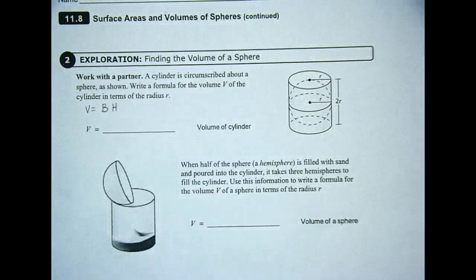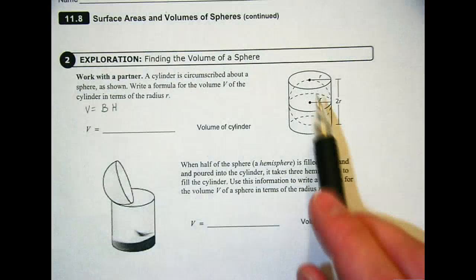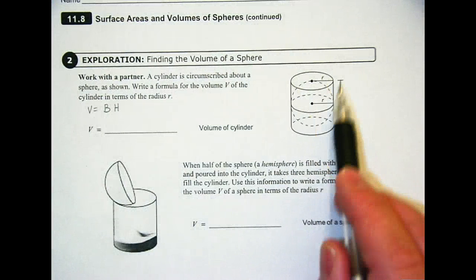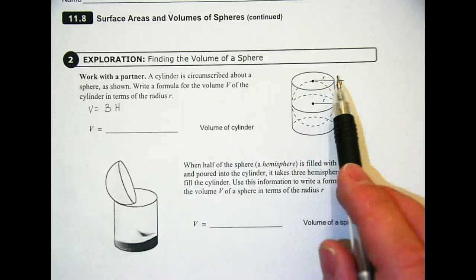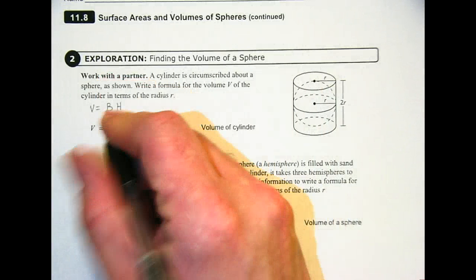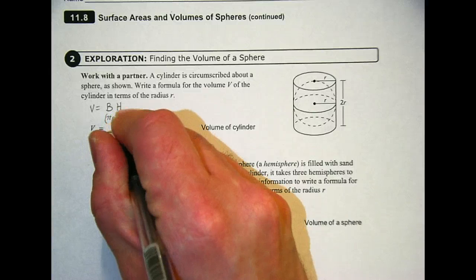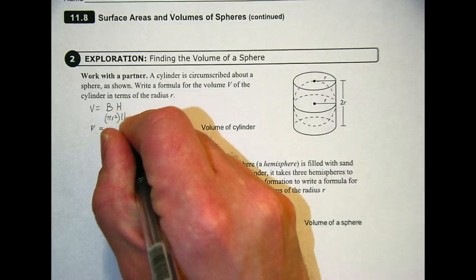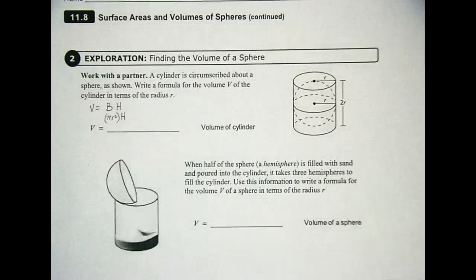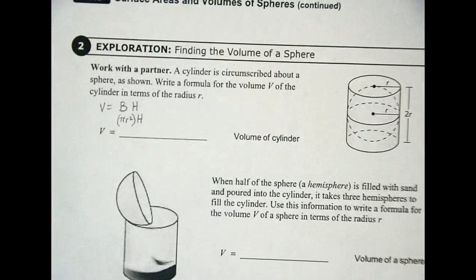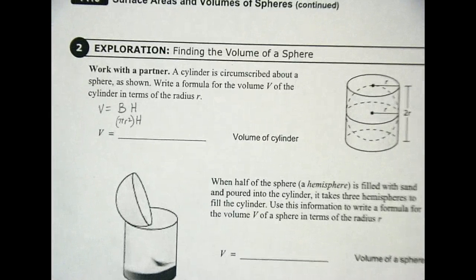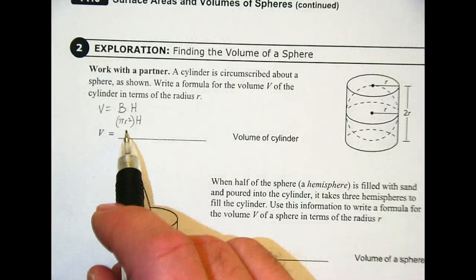Now in this case, the area of the base is a circle, correct? So the area of the base is pi r squared times my height. In this case, what is our radius? It's just r, so we really can't change this much, right?